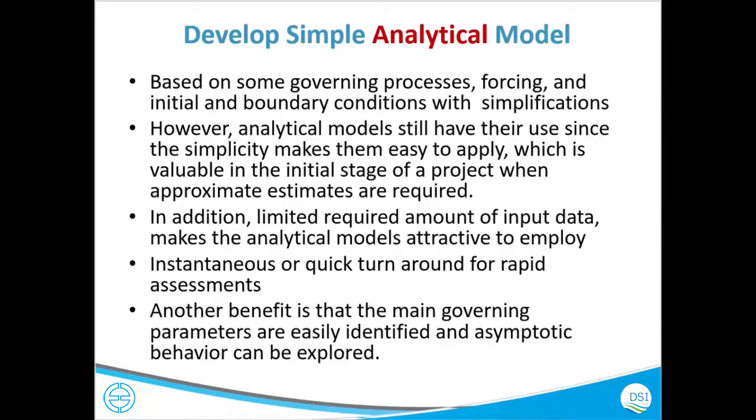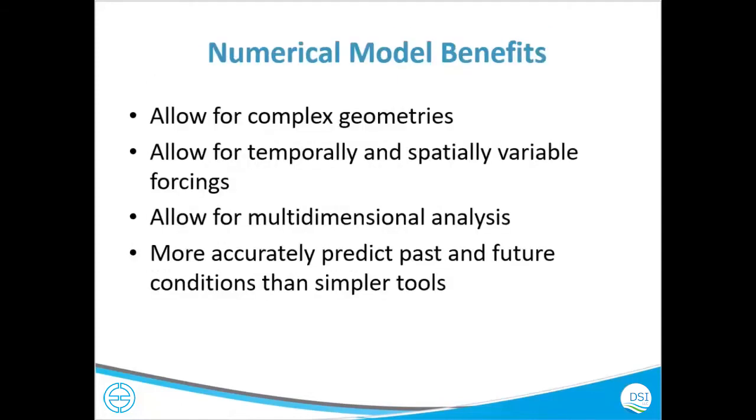So empirical, already talked about it. In order to create a simple analytical model, already talked about it. All of us know about these kinds of things. The benefits of a numerical model are that we can allow complex geometries. It can be a simple river or a really complex estuary with several islands and several forcings, and it allows for multidimensional modeling, and we can always do hindcasting and forecasting.